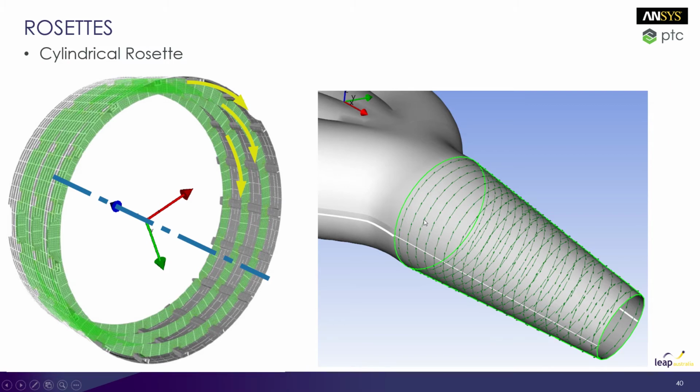We want our fiber directions to actually go around this circular component because we're going to wind it. So what we need to do in this circumstance is use a cylindrical rosette. So that's one of the options there where you would set your red direction in the radial, and then we're using the right hand rule with the third principal direction for our winding direction.